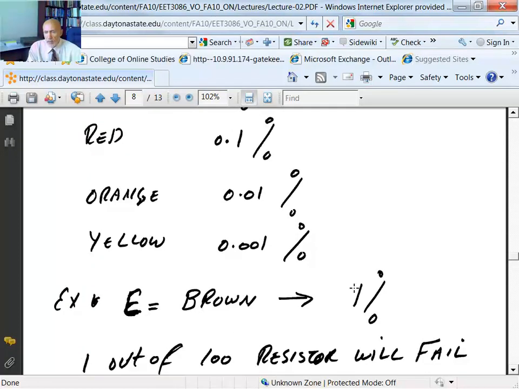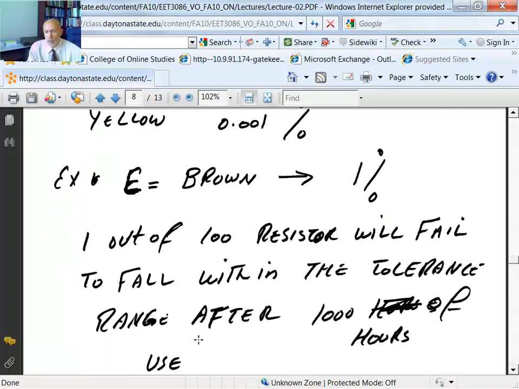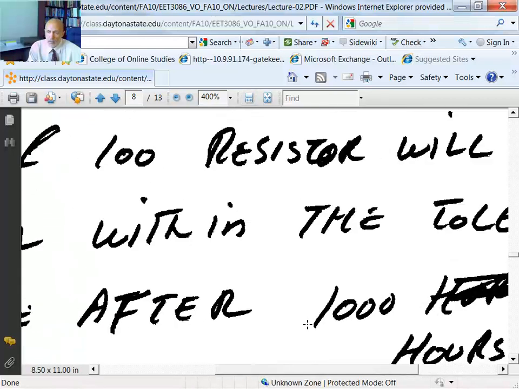What that really means is that 1 out of 100 resistors will fail to fall within the tolerance range after 1,000 hours of work. So if you have a resistor that's been used for 1,000 hours in your system, and band E is brown, then 1 out of those 100 will fail to fall into the tolerance range that we discussed earlier.